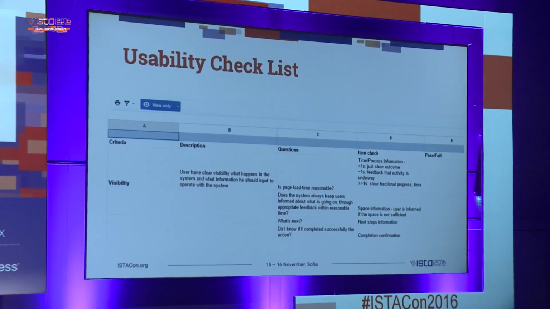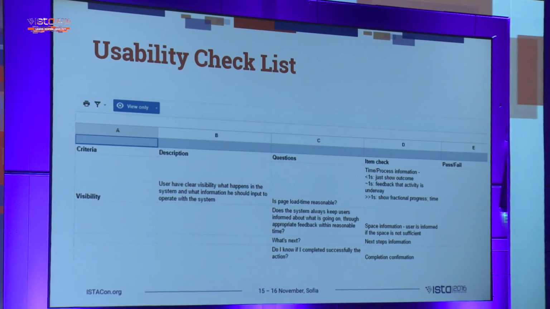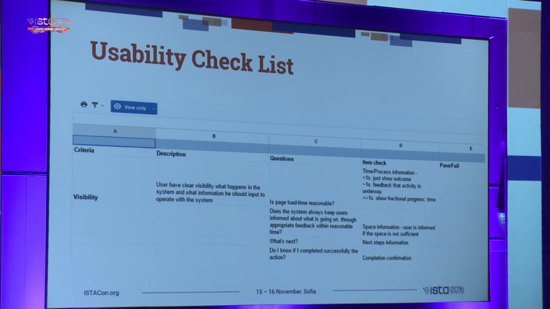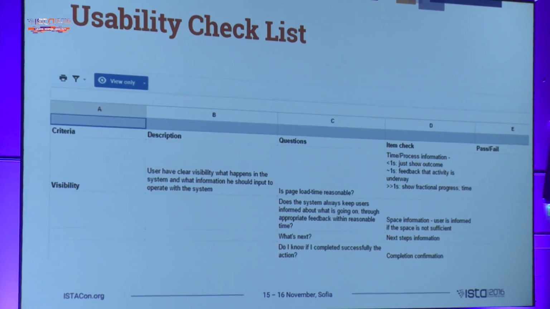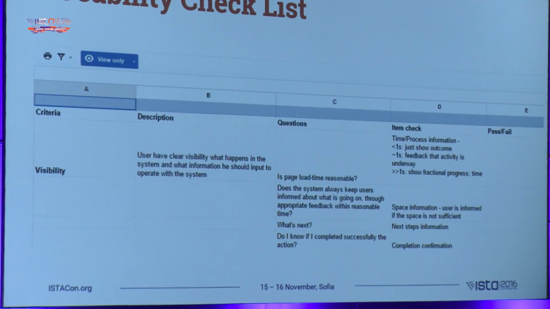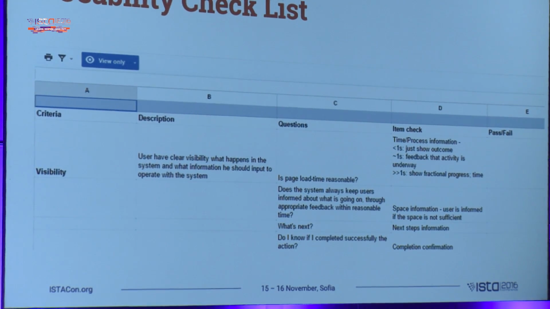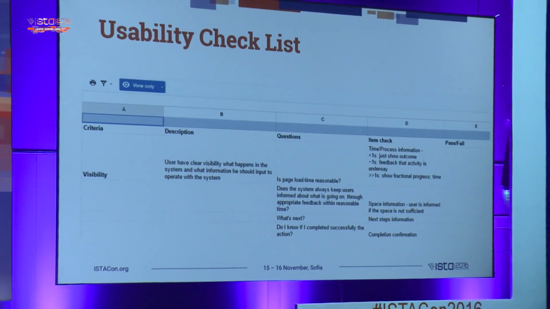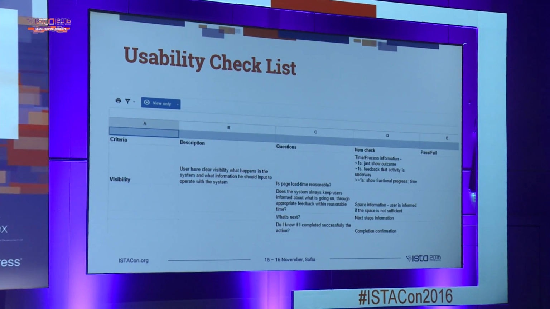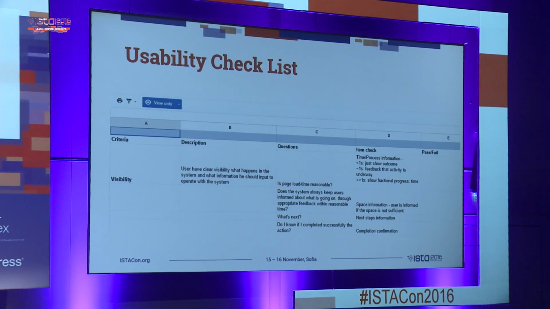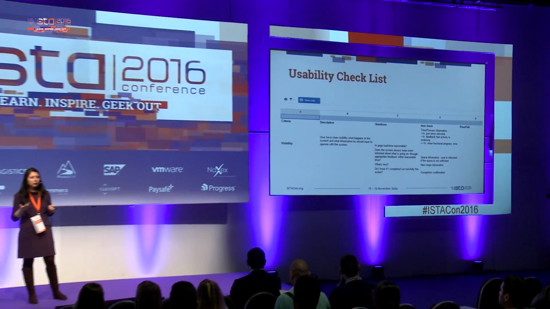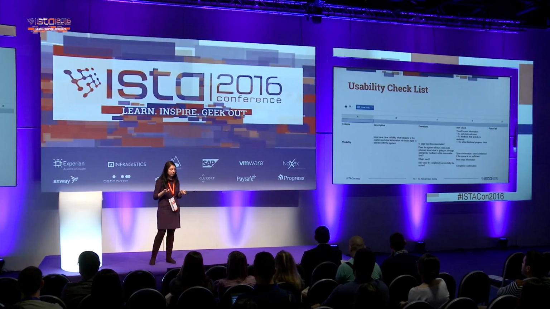Also, we can have predefined questions which can be executed while testing. There's no need to remember that. We can have them written down. Why? Because it's much easier, and also we can give them to any quality assurance specialist in our team, and not only that, as we mentioned, to the whole team, and everyone can execute the tests and search for usability defects.